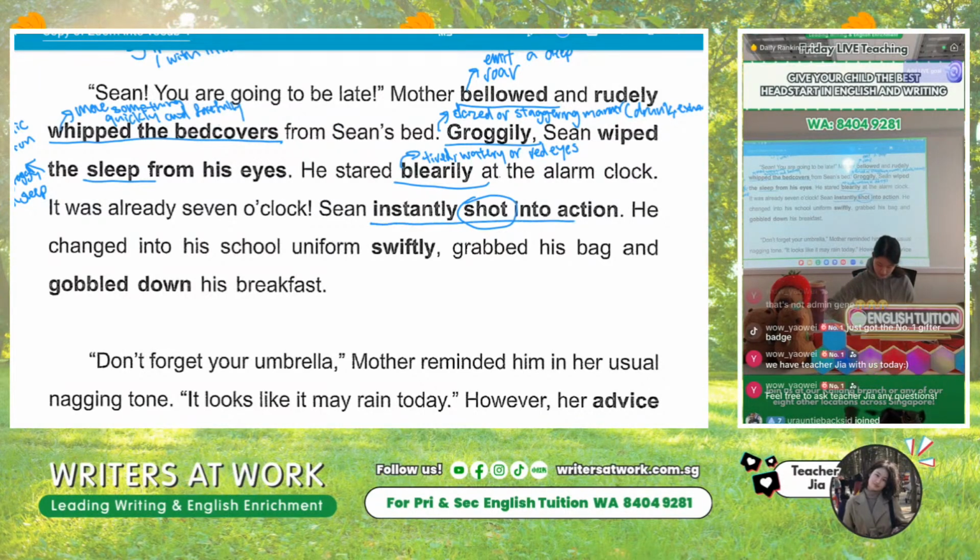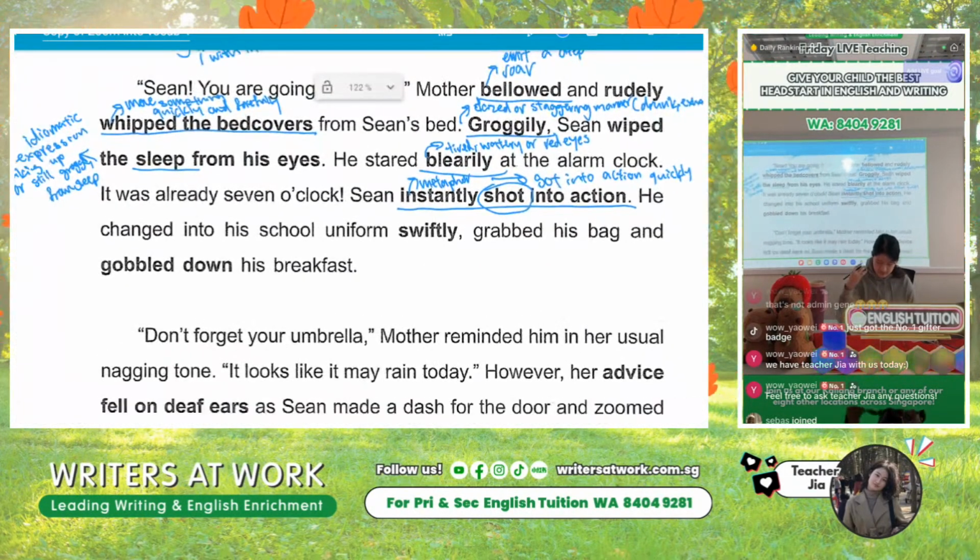It's like a metaphor that something got into action quickly. So Sean instantly shot into action. Sean essentially can be imagined to be a bullet, and he's just shooting his way into action.